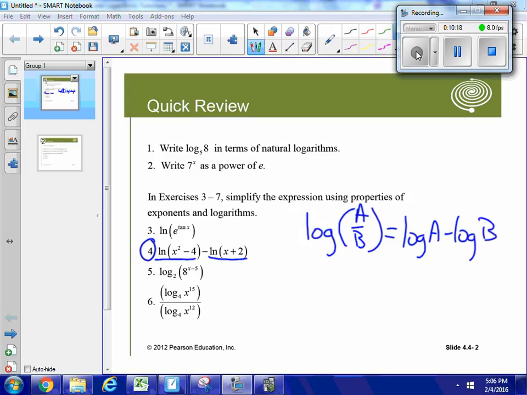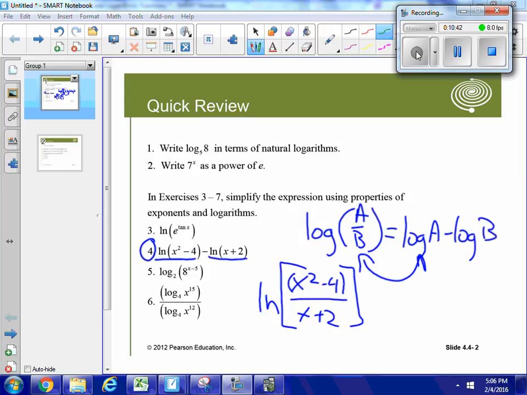They're the same base, so I can utilize this property. So I'm going to combine these logarithms, I'm going to condense it, and I'm going to get one logarithm, where my A is x squared minus 4, and my B is x plus 2.